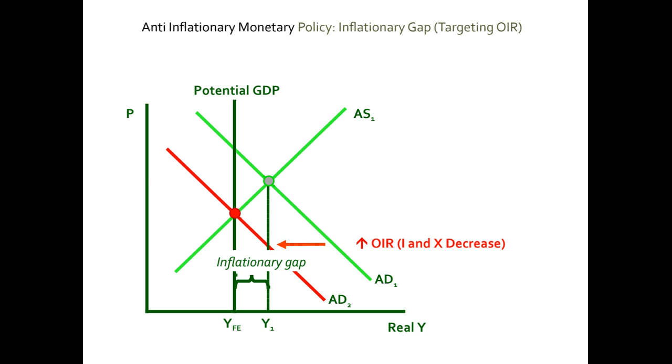And the aggregate demand curve, this green AD1 curve, will shift to the left and intersect exactly at the full employment level of output, that is the red AD2 line, and there is no gap in this case.